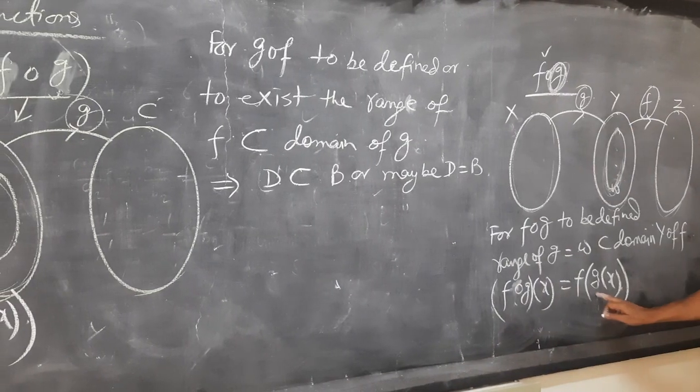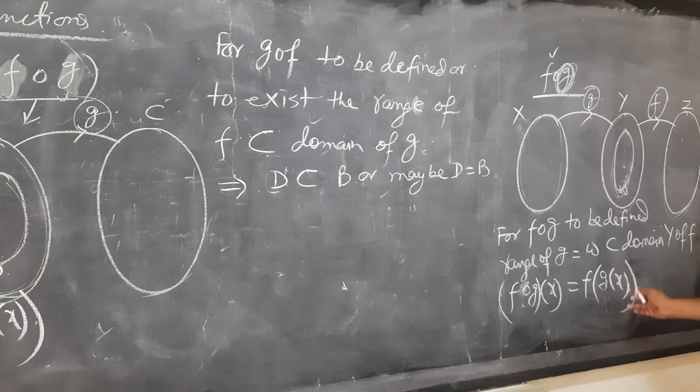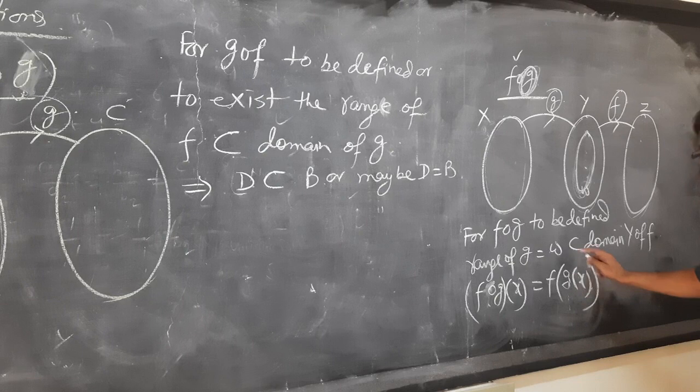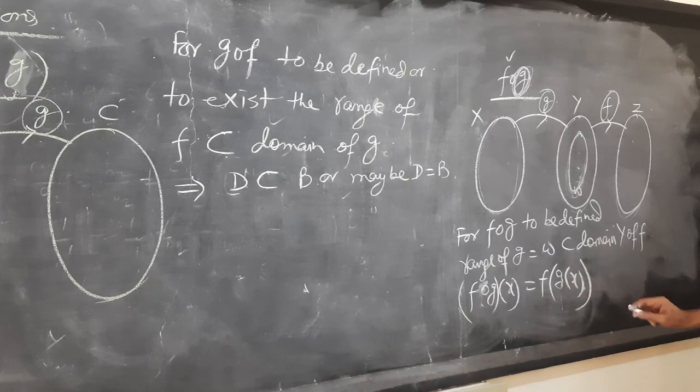You can see first g(x) is found, and then we take the f images of all the elements present in the set g(x).